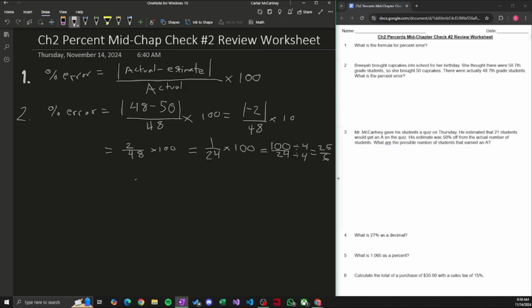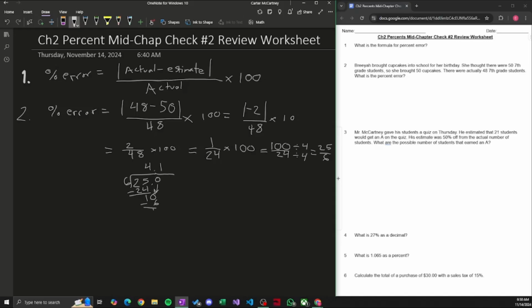So now we can divide 25 divided by 6. 6 goes in 4 times. 6 times 4 is 24. So we can subtract 24. We're left with a remainder of 1. So we need to bring down a 0. 6 goes into 10 one time. We can subtract 6.